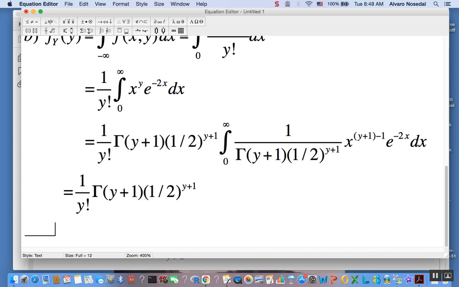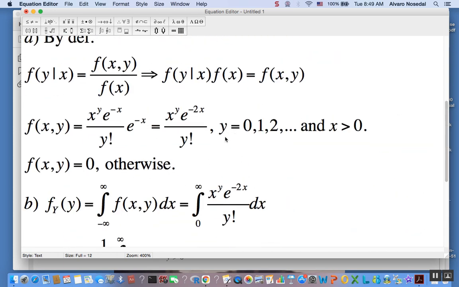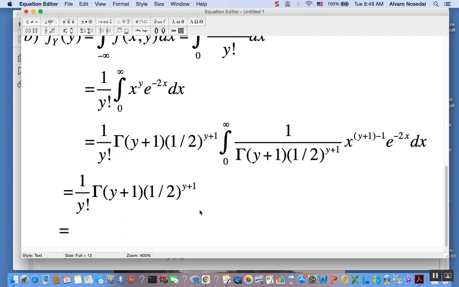Okay, and that's why I said this example is really nice. We get to revisit a bunch of things that we have learned before. Remember that we talked at some point about the gamma function, and we said if you evaluate the gamma function at a positive integer, gamma at n equals n minus 1 factorial, right? Y is an integer, and since we have y plus 1, we're going to have a positive integer.